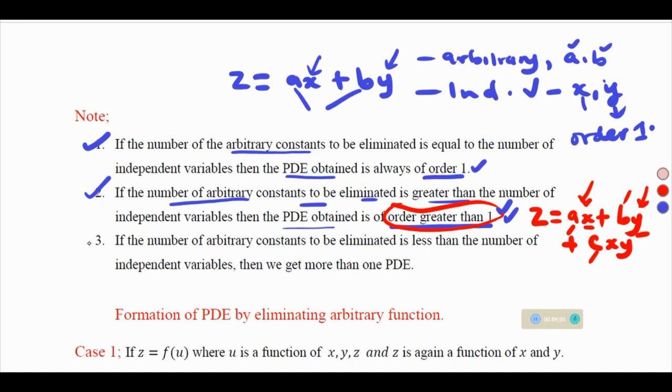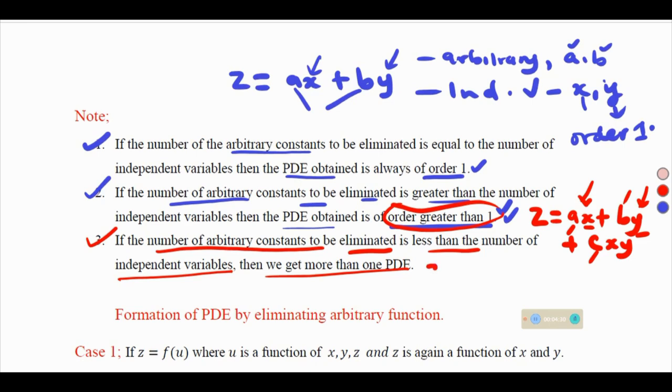Then we shall look at the third scenario: whenever the number of arbitrary constants to be eliminated is less than the number of independent variables, then you will always have more than one partial differential equation. We can look at an example.